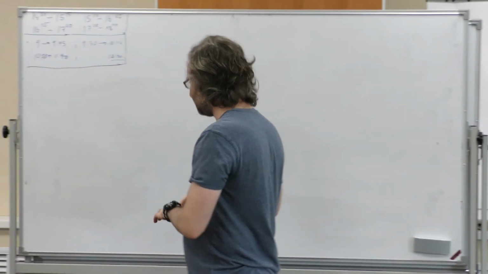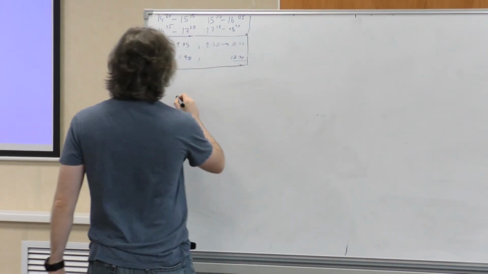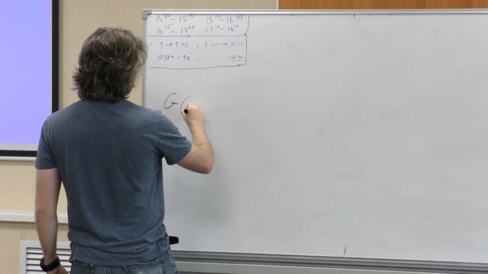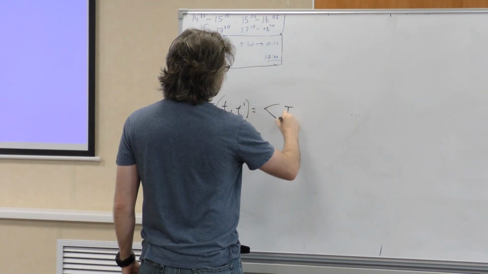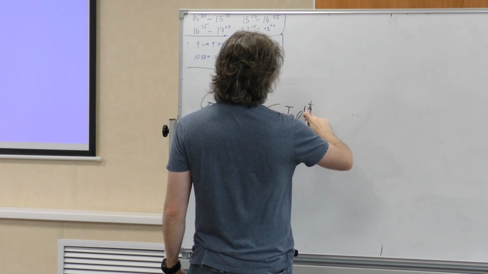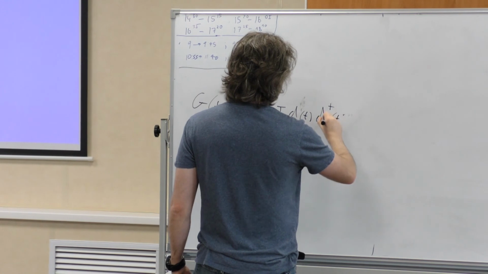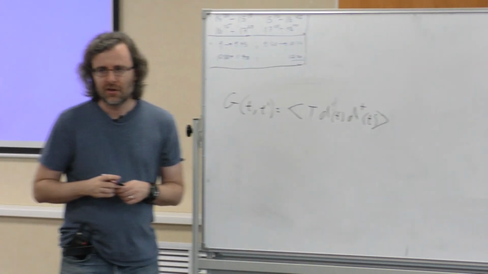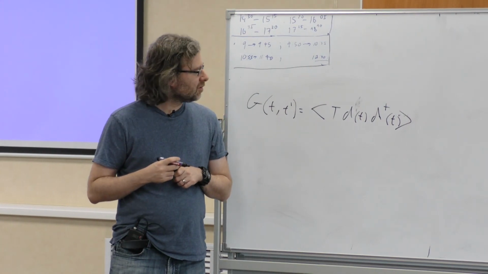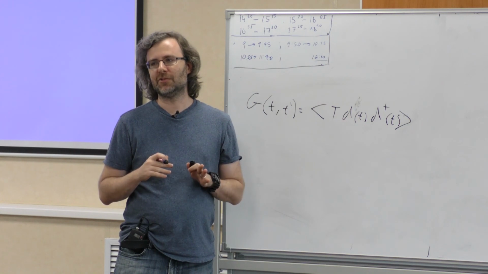First of all, let's just write down a Green's function. We usually do something like this. We want to evaluate the dynamics of this object.